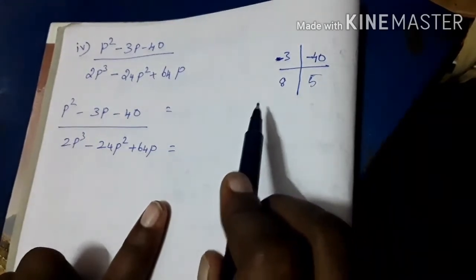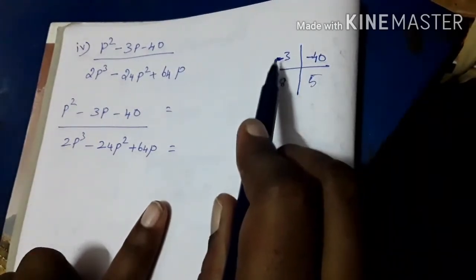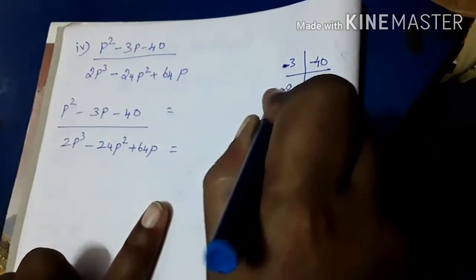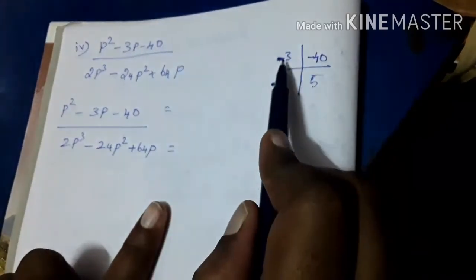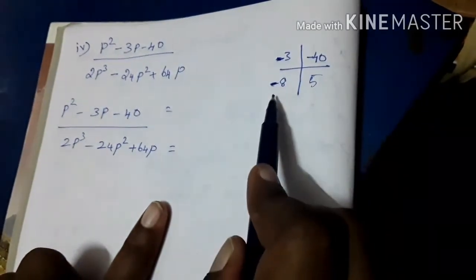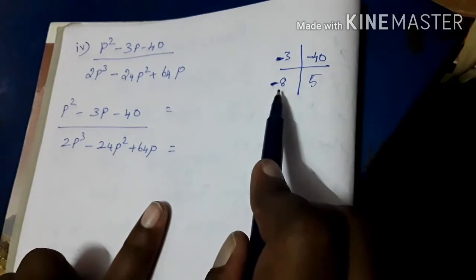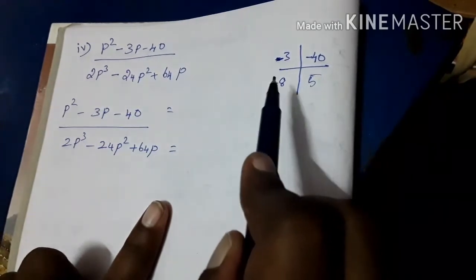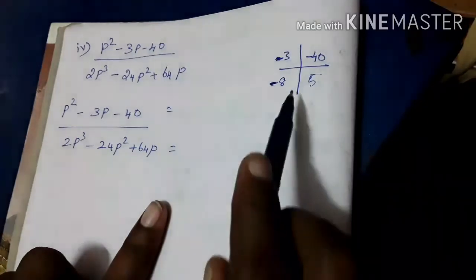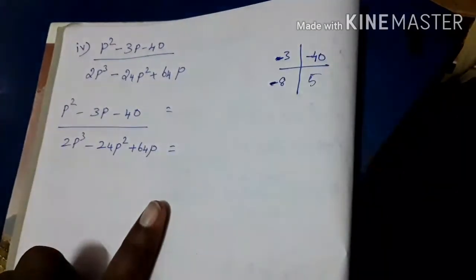Because we want minus 3, we put the minus in the greatest number. So the greatest number I put minus 8. So minus 8 plus 5 is minus 3. Minus 8 into 5 is minus 40.